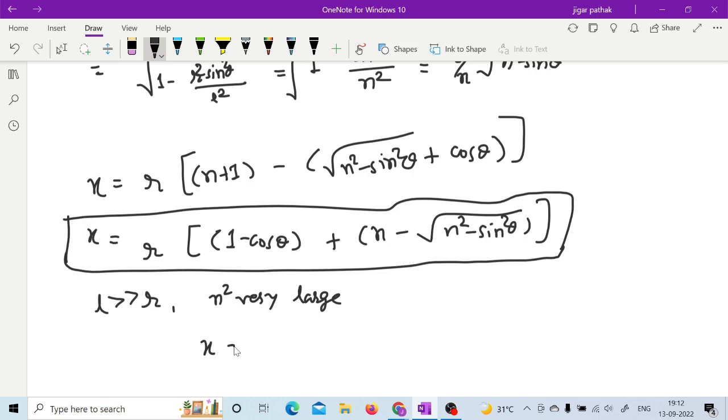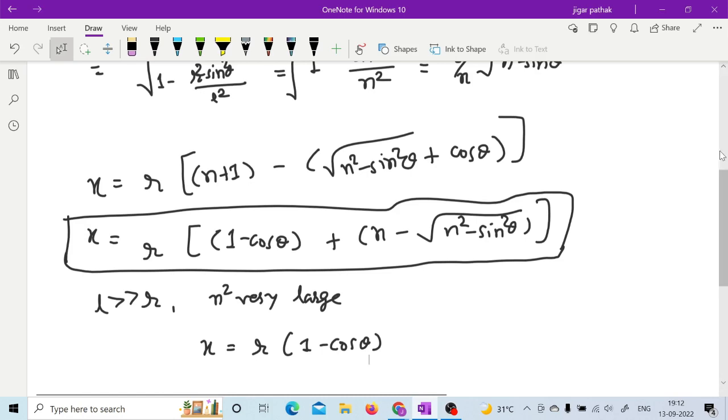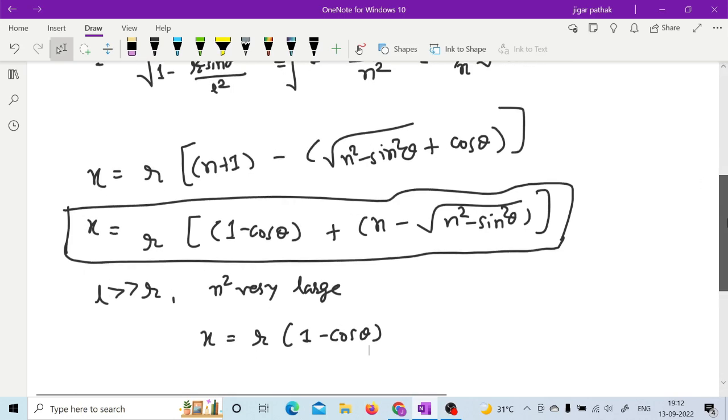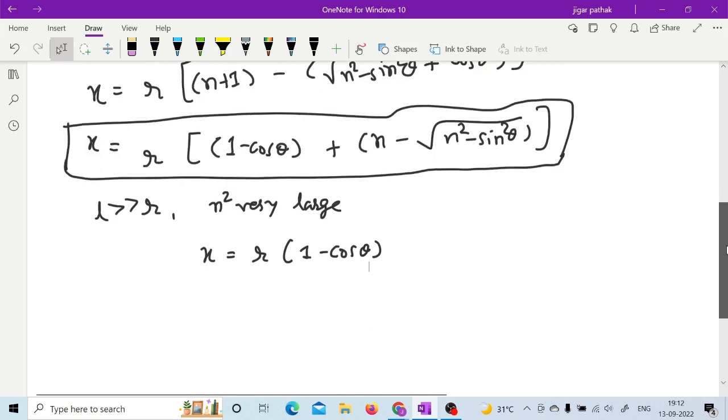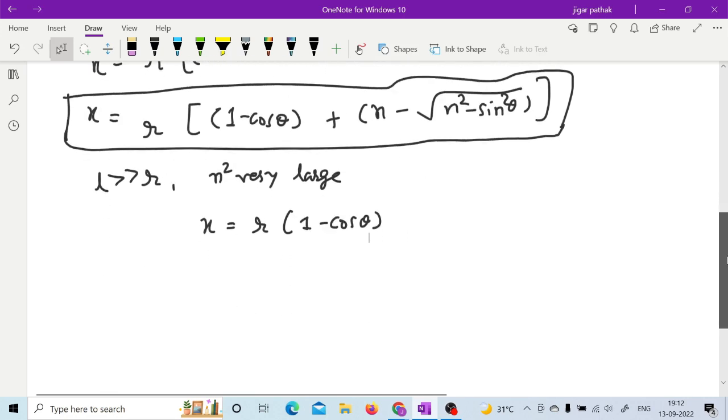So your equation will be simplified to x is equal to r in bracket 1 minus cos theta only. This is how you can simplify it if the length of the connecting rod is much larger than the length of the crank. So this is the displacement of your piston.